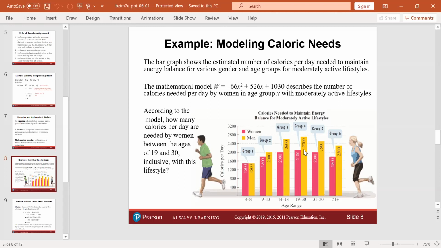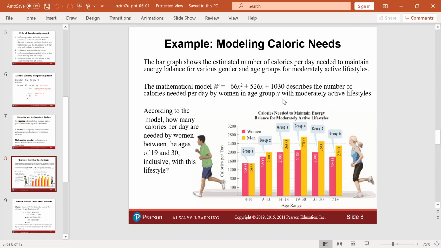So ultimately, this is a nice little bar graph. We can read off of it, but we actually have an equation that can model this for us. It describes the number of calories needed per day by women in a certain age group with moderately active lifestyles.